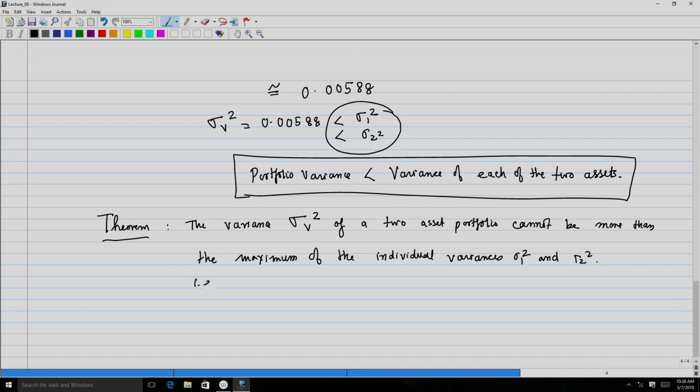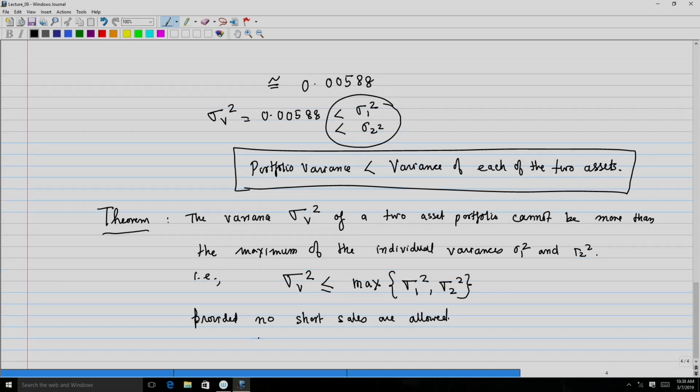That is, sigma v square, which is the variance of the portfolio, must be less than or equal to the larger of sigma 1 square and sigma 2 square, provided no short sales are allowed. So, let us look at a proof of this.